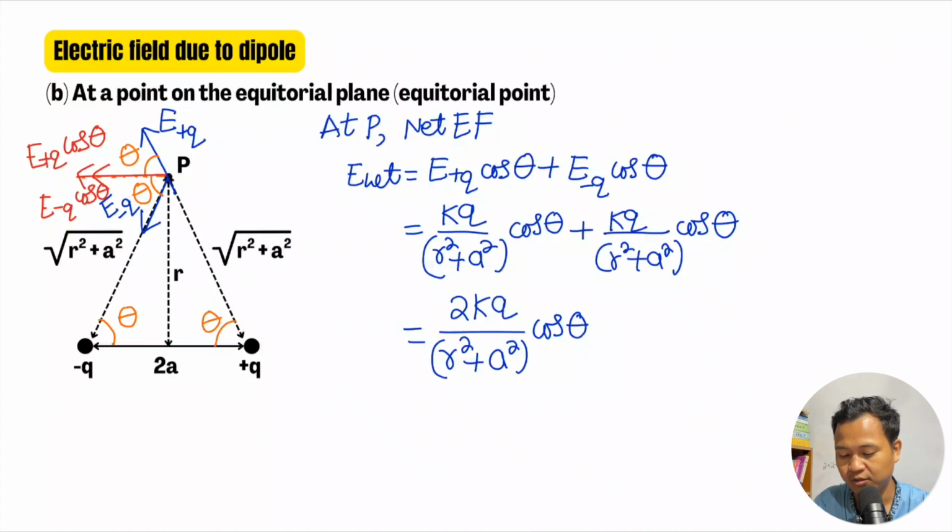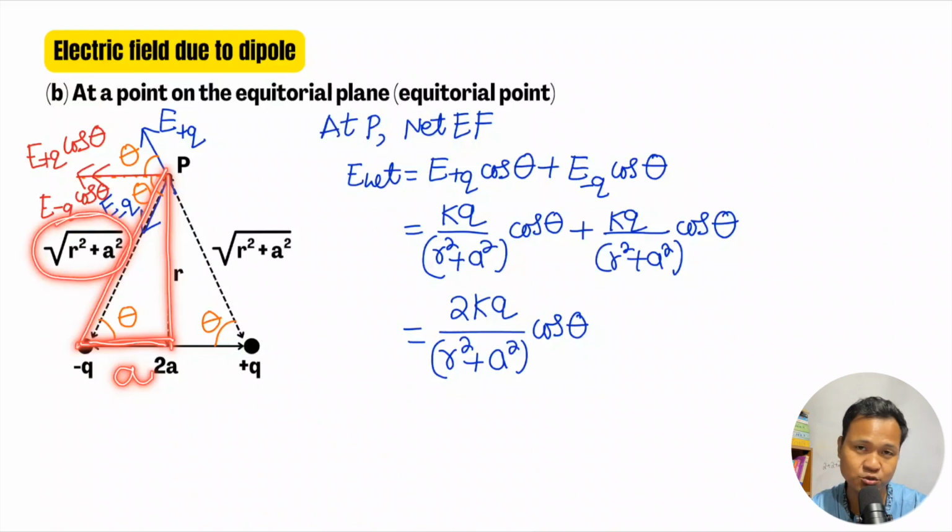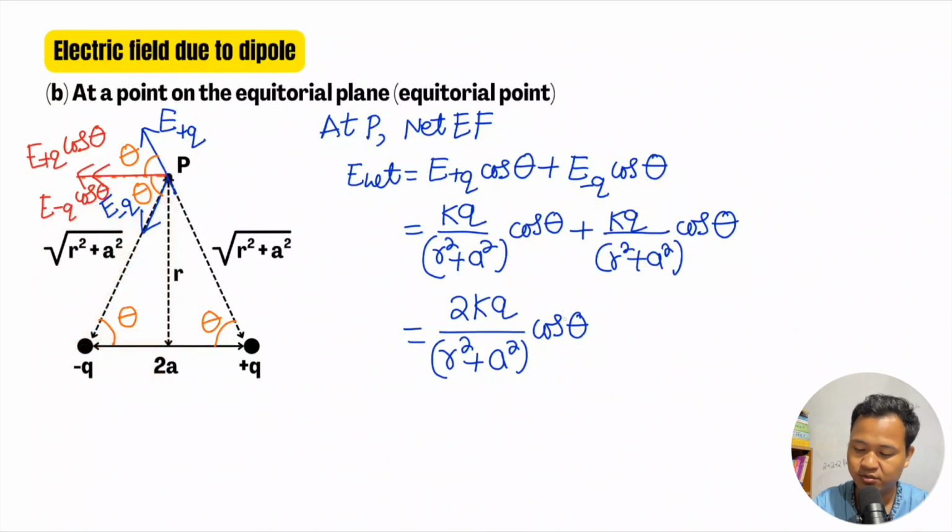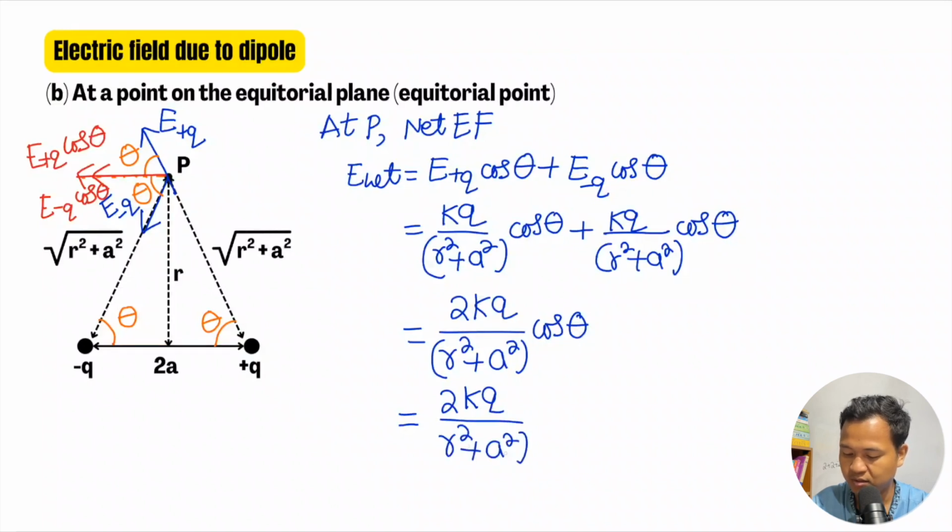Here we have a right triangle, so cos theta is adjacent divided by hypotenuse, so a divided by root over r square plus a square. So in place of cos theta you will have 2k into q divided by r square plus a square, and cos theta is a divided by root over r square plus a square.